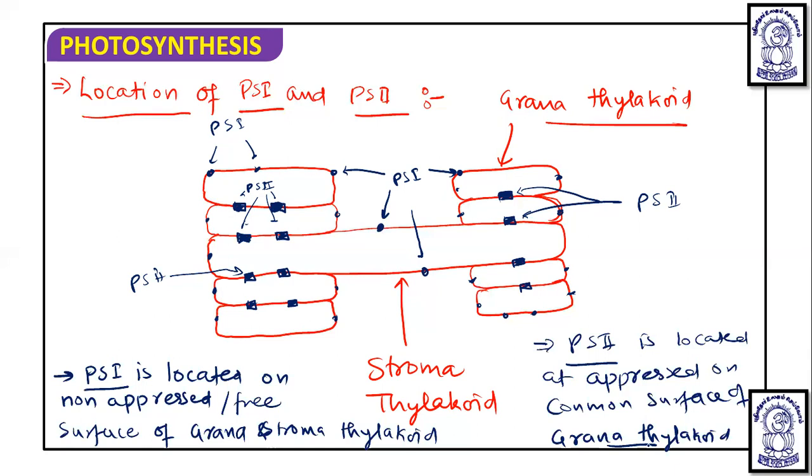Now, these two photosystems operate simultaneously, and their activation requires 700 nanometer and 680 nanometer radiation, as we have discussed. But these photosystems ultimately have what? Pigments. So we have to understand about the pigments first.